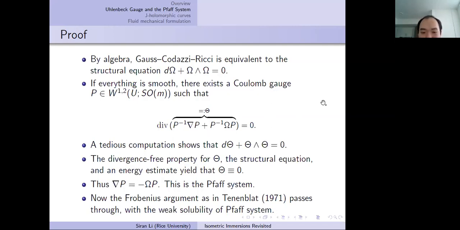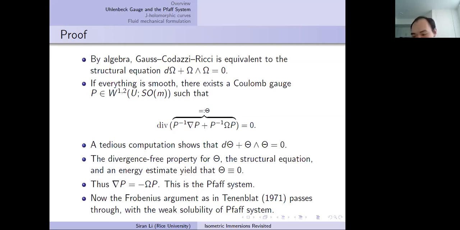Then a tedious computation, but purely algebraic, which also uses the structural equation, will show that this θ satisfies the same structural equation. But what's more, we know that θ is actually divergence-free. So by a simple Hodge decomposition argument, we can prove that in this case, θ can be 0.